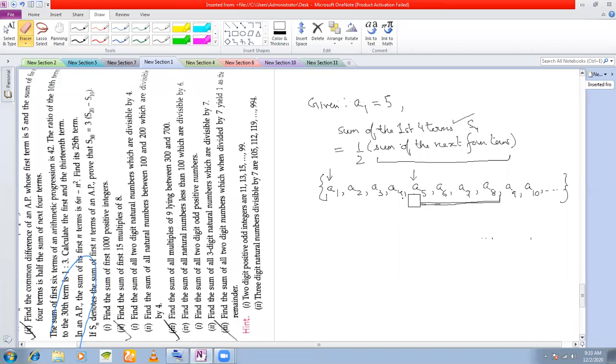The sum of the next four terms: I want to find A5 plus A6 plus A7 plus A8.